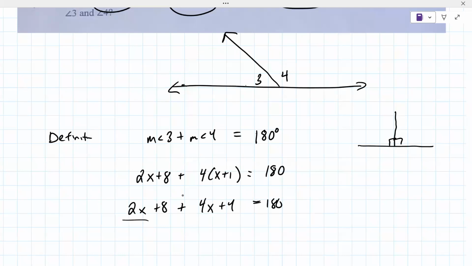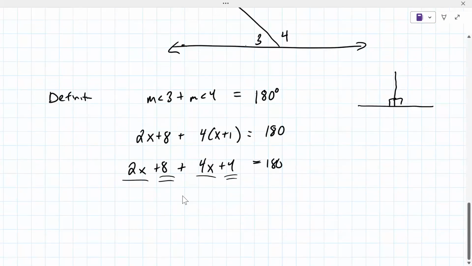Yes. Okay, so go ahead and combine those for me. When I combine them, I just add them, right? Correct, these are pluses. So 6x plus 12 equals 180.